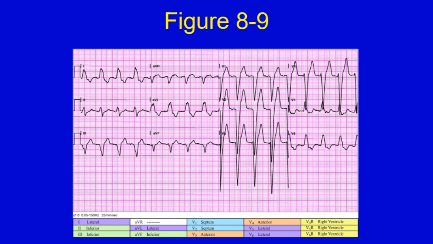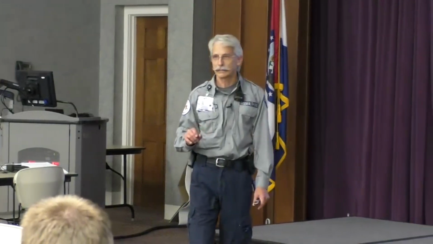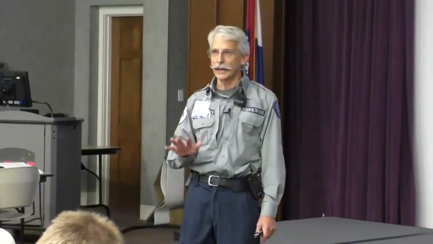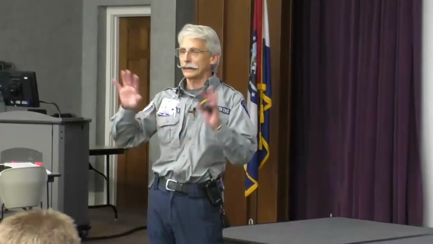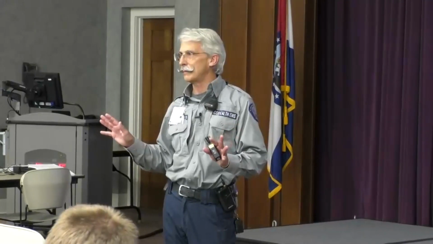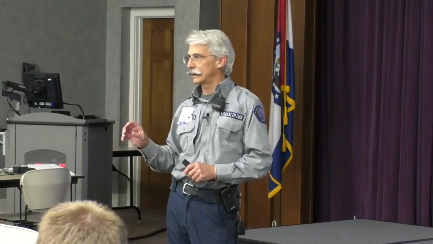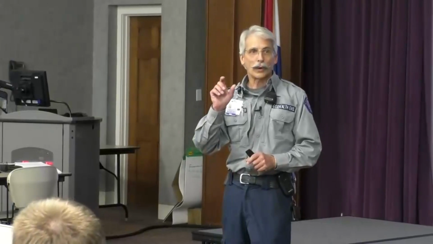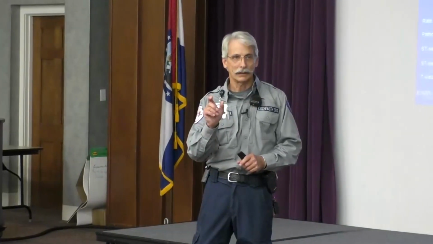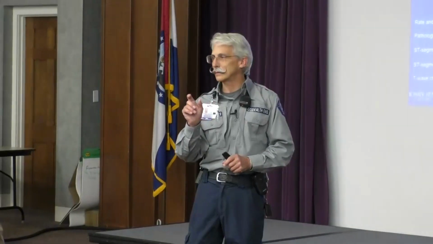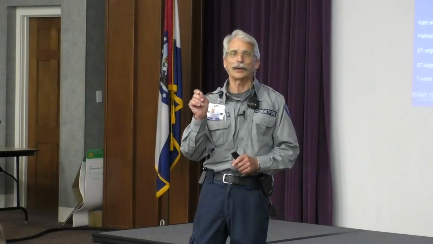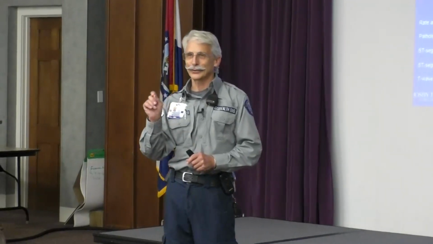Okay, so let's talk about the bundle branch block for just a minute. What things are required to make a bundle branch block? I don't care about right or left yet. What makes a bundle branch block? Width of the QRS has to be at least how much? 0.12. 0.120.